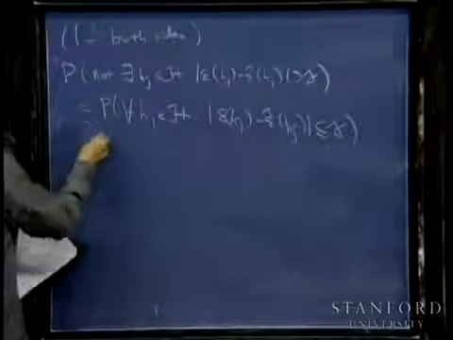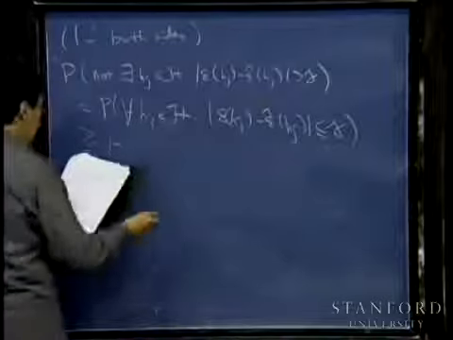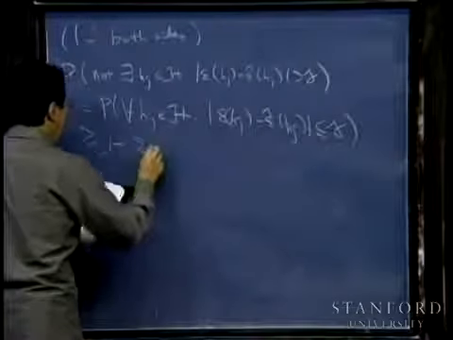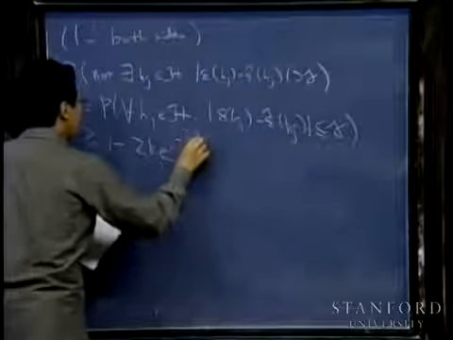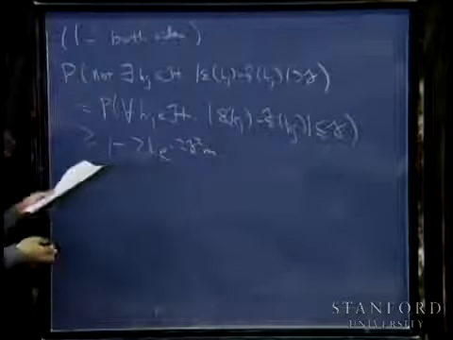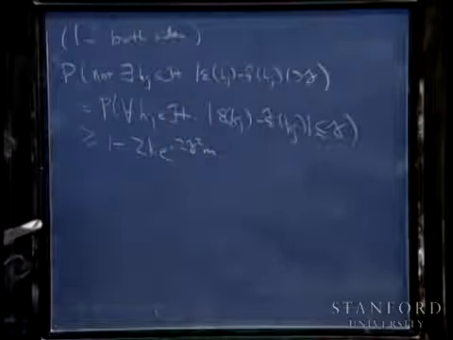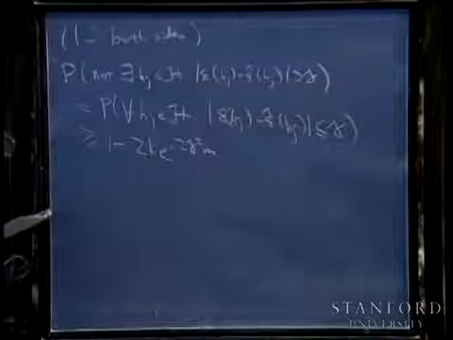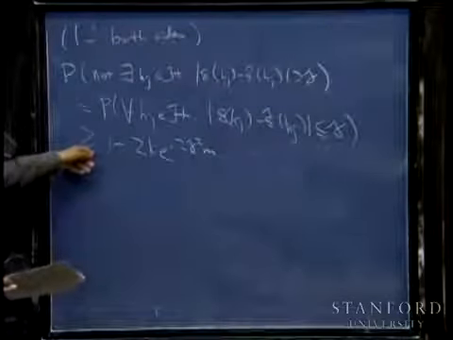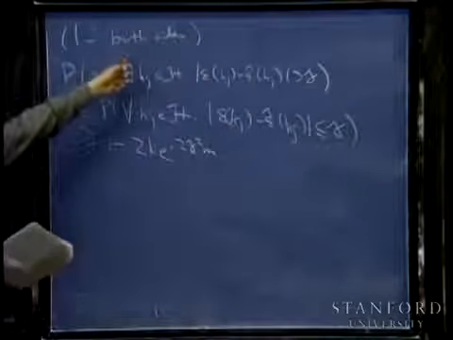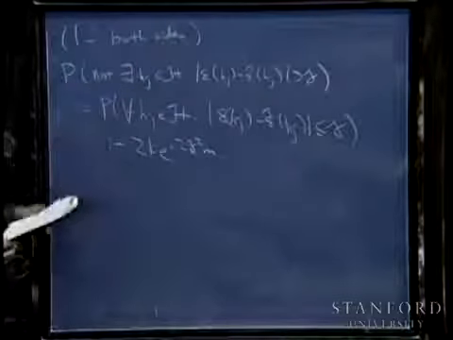And then taking 1 minus the right-hand side, I get 2k e to the negative 2 gamma squared m. Okay? And the sign of the inequality flipped because I took 1 minus both sides. The minus sign flips the sign of the inequality.